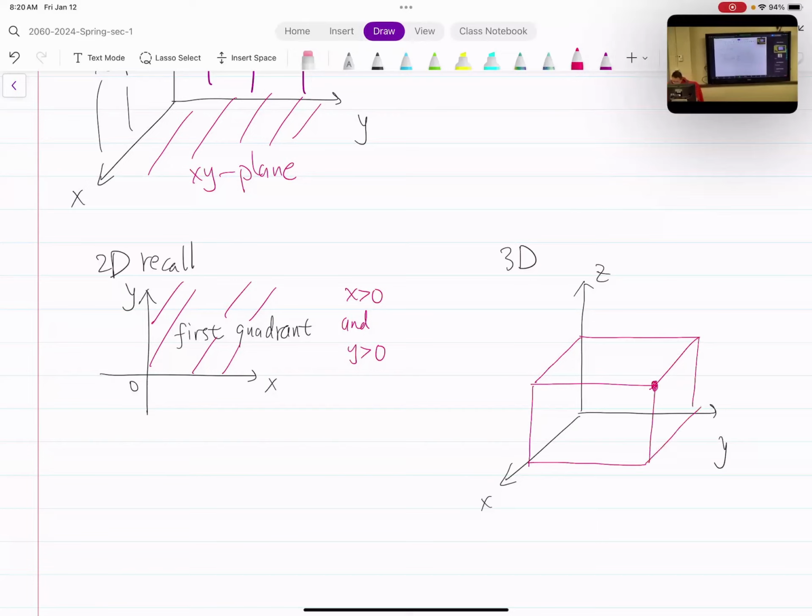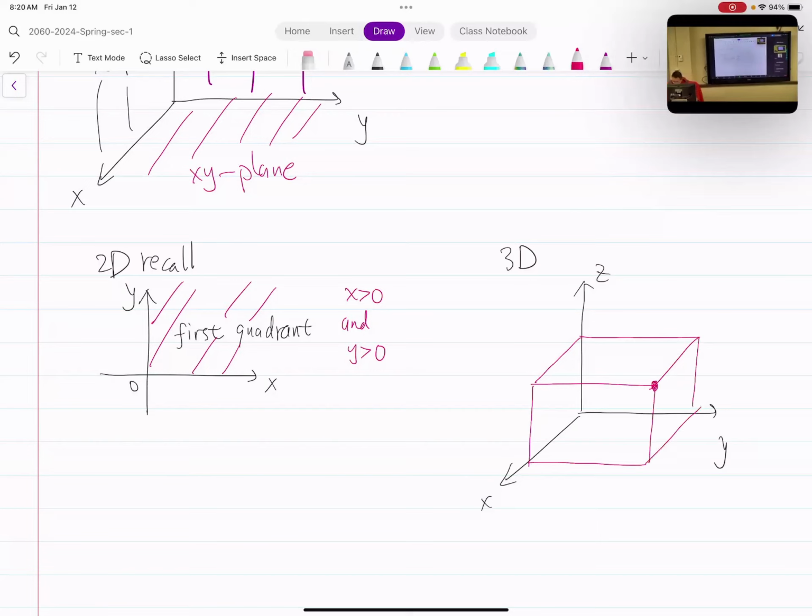So here, although we have drawn a rectangle, essentially we want to express the concept that the first octant is actually the entire region in front of the YZ plane, on the right of the XZ plane, and above the XY plane. So that's actually an unbounded region all the way in this direction. Let me write that down.